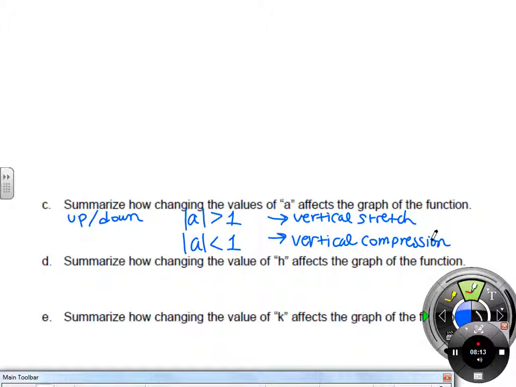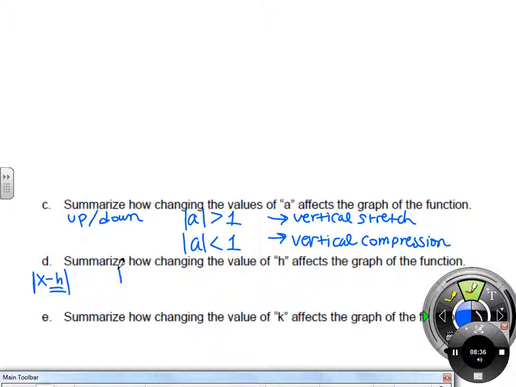Okay, so then we looked at H. Remember that H was the value happening inside of the absolute value. So when we add or subtract something inside of the absolute value, what did it do to our graph? What's that? Okay, so it shifted our graph left and right. The transformation, we called that was a translation when things were being shifted. Okay?